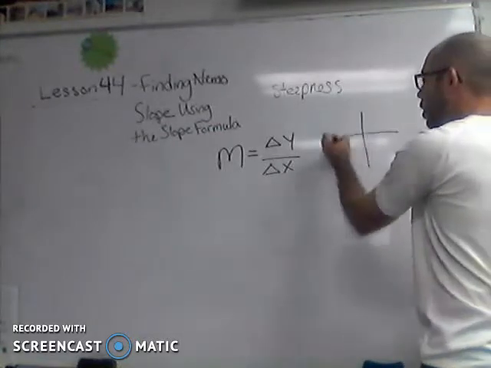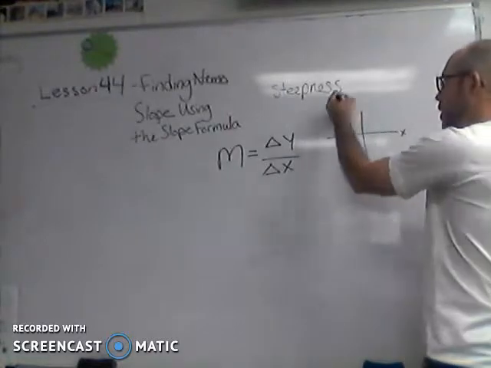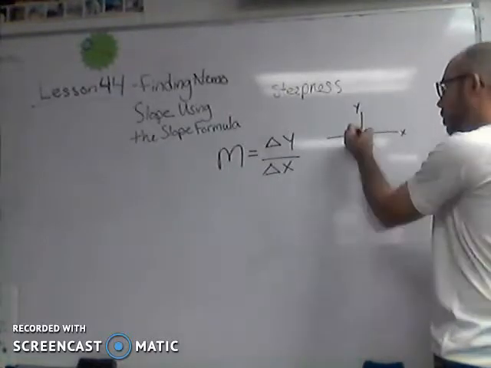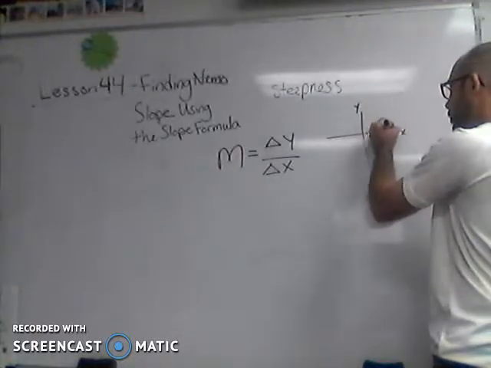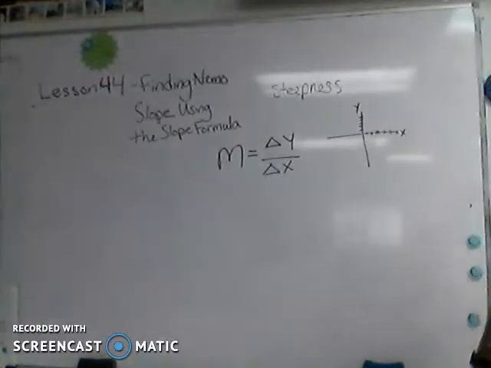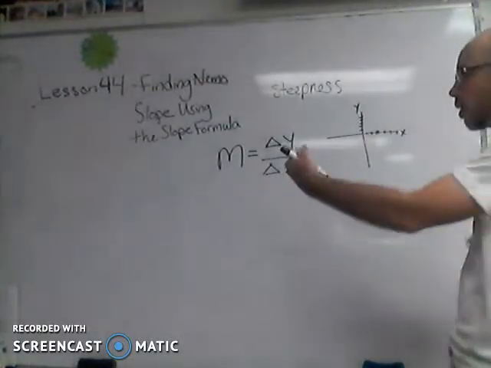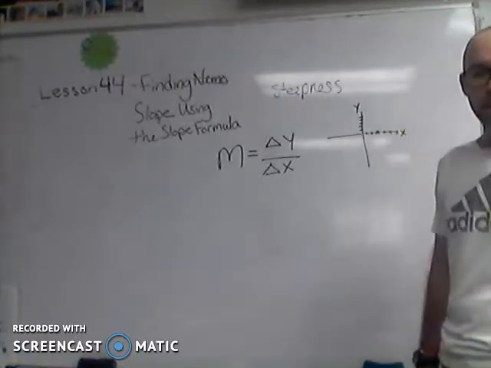If you recall, on a graph the x-axis goes horizontally and the y-axis goes vertically. All the x values go this way, and all the y values go this way, but we find those specific places by going this way to find x, and then going up to find its value in y.